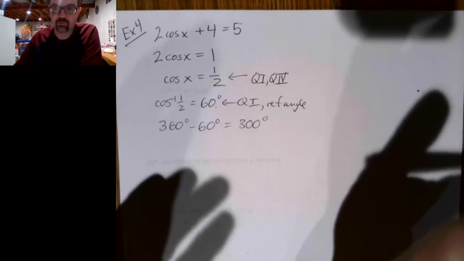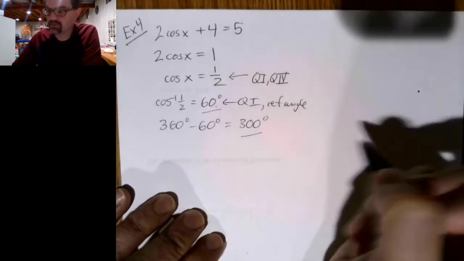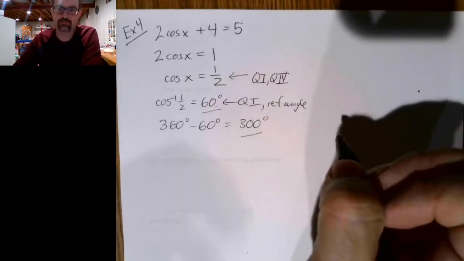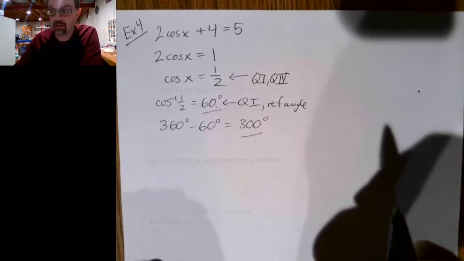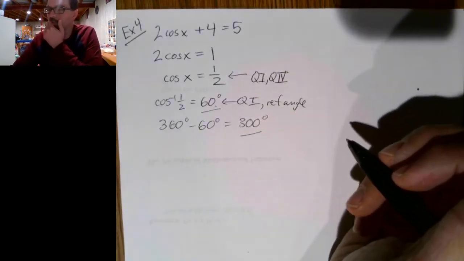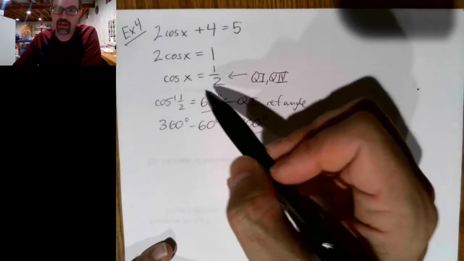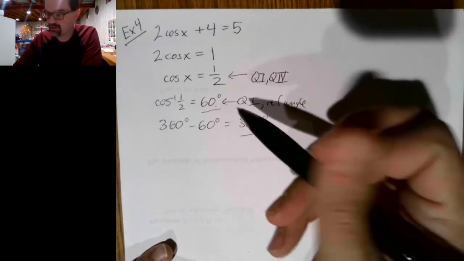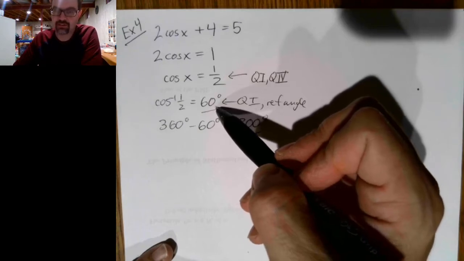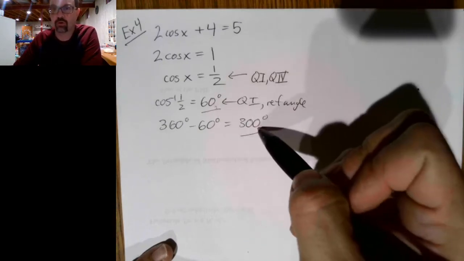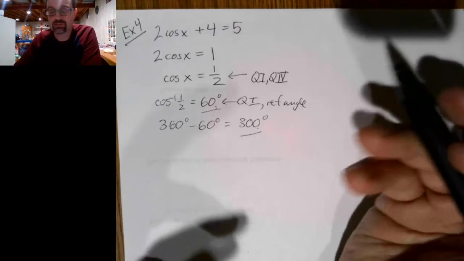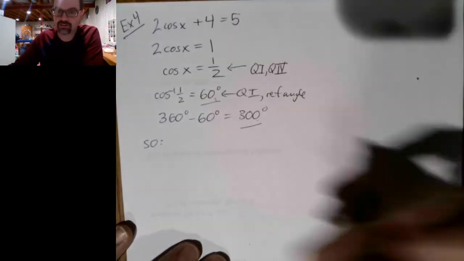Alright, now in the past, we stopped right there. We found 2 solutions, and that was it, because we were only looking for answers between 0 and 360. But now, what we're going to do is to list all the solutions, all the angles you could possibly put in for x. It would include anything that's coterminal with 60 or coterminal with 300. Which doesn't require us to do a whole lot of work, it just requires this step for writing up the solution.